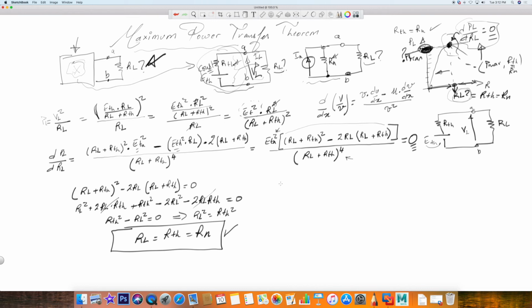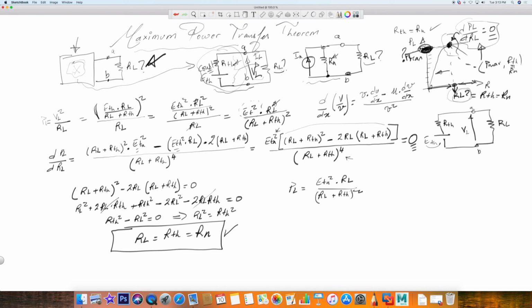Well, let's go back to the power. We've already established that PL was equal to ETH squared times RL divided by RL plus RTH, all squared.